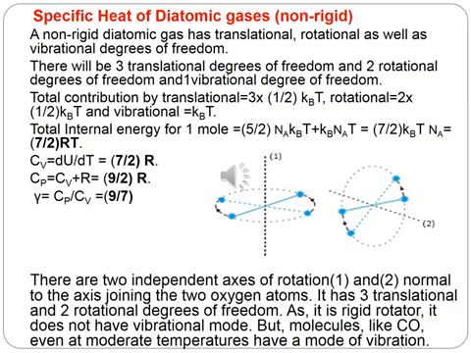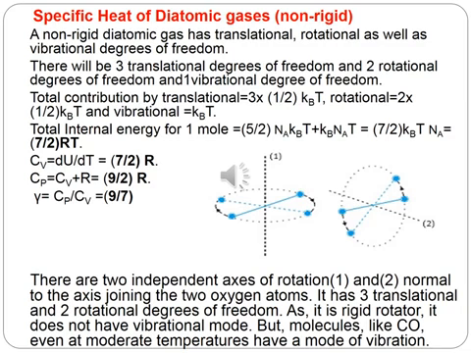and vibrational degree of freedom is equal to kBT. Then what should be the total internal energy for 1 mole of gas molecules, which is equal to 3 into 1 by 2 kB NAT plus 2 into 1 by 2 kB NAT plus kB NAT, which is equal to 7 by 2 kB NAT is equal to 7 by 2 RT.